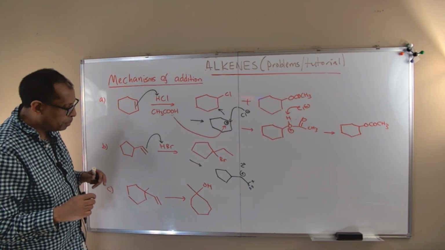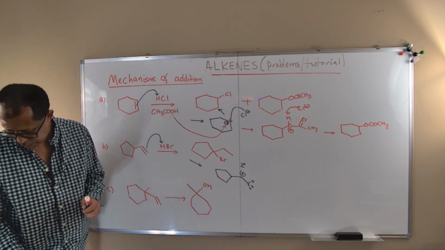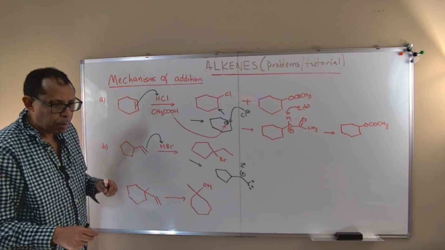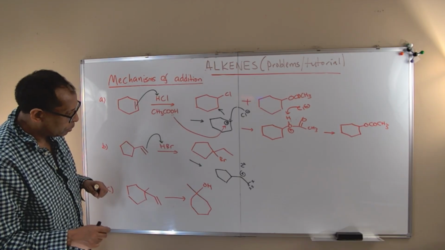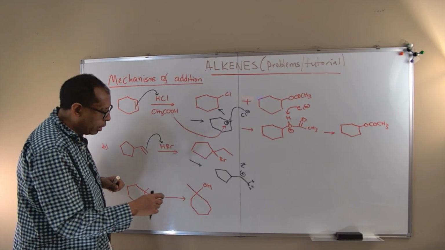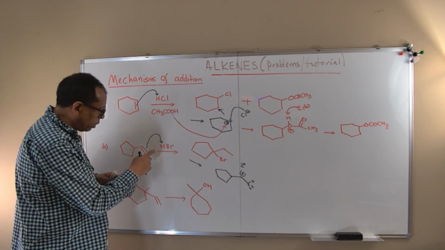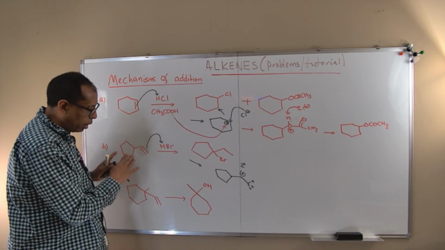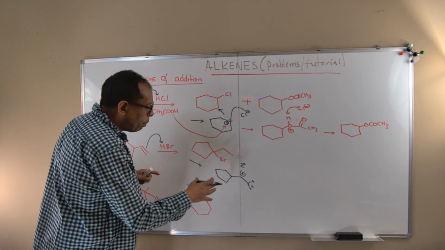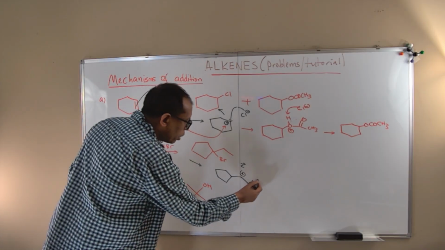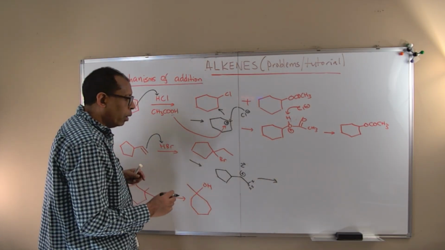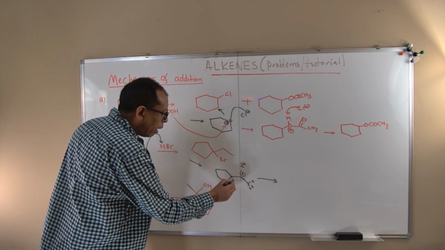So now, let me see my paper. The ring is still intact, so nothing happened to the ring. What happened to make it into a tertiary carbocation was just a hydride shift.